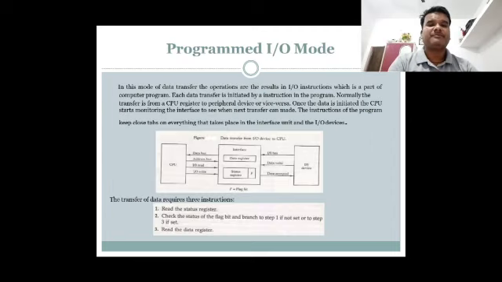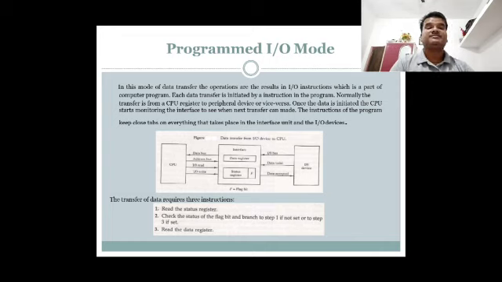We saw the programmed input output mode. In this mode of data transfer, the operations are the result of I/O instructions, which are part of the computer program. Each data transfer is initiated by an instruction in the program.